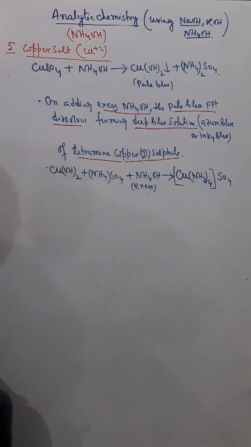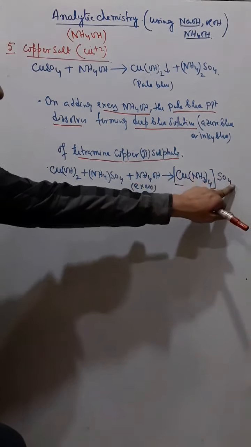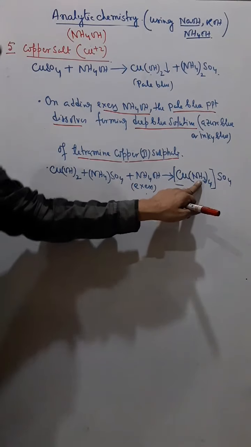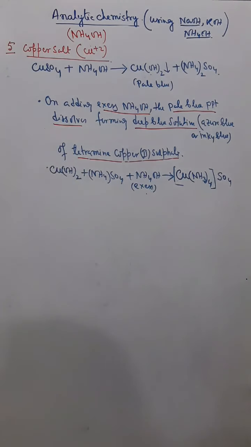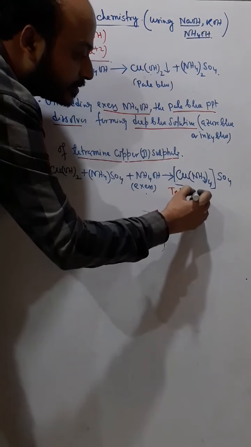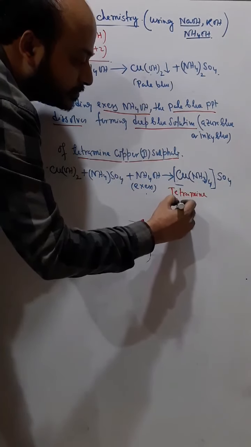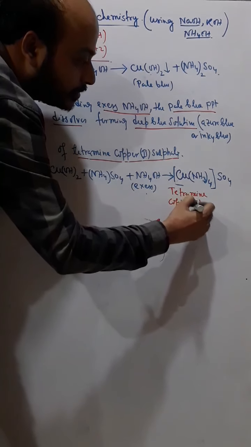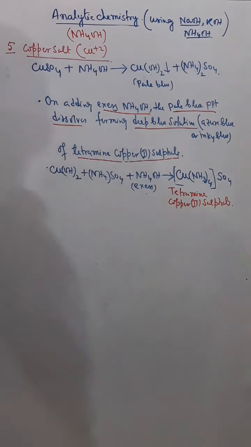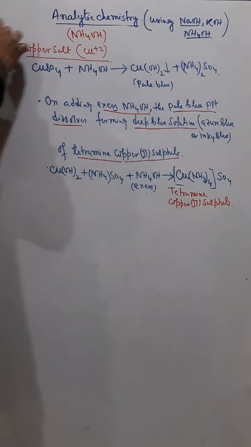So the formula is actually [Cu(NH3)4]SO4, and this is what we call tetramine copper 2 sulfate. Understand? So it's a very important reaction.